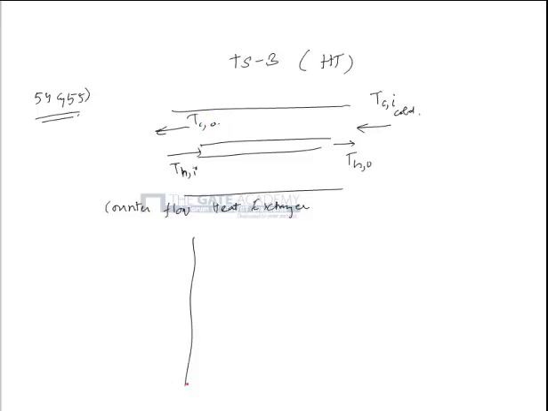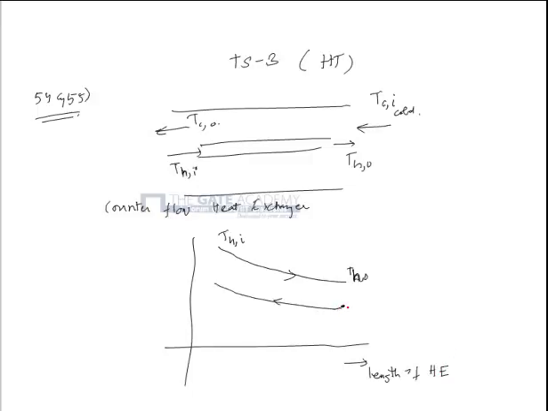If you look at the temperature plot, the hot fluid temperature will decrease because it gives away some heat to the cold fluid, and the temperature decreases to THO. Now, along the length of the heat exchanger that I'm plotting, the cold fluid temperature will increase from TCI to TCO.